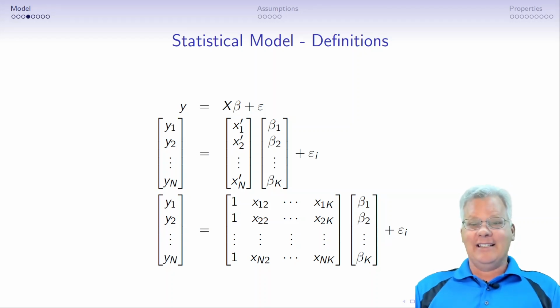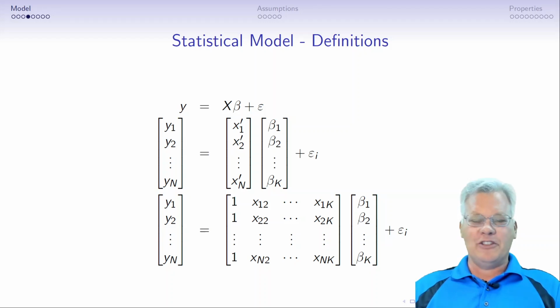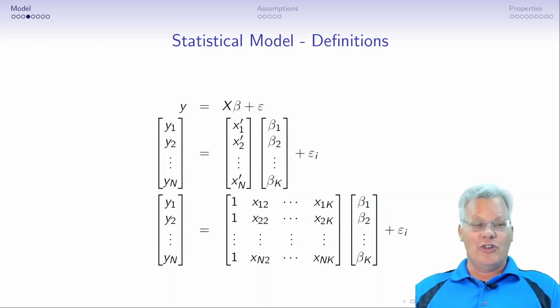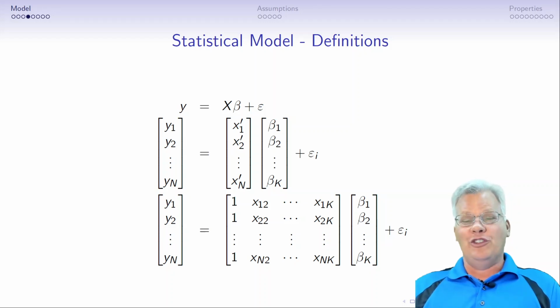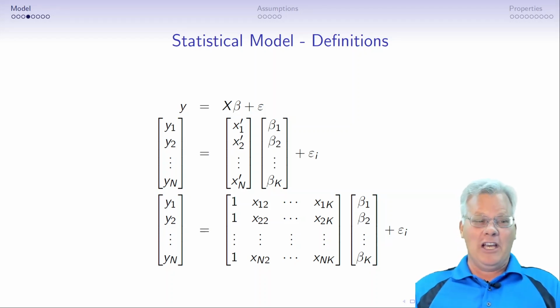So x sub 1 transpose is the row of all the observations of explanatory variables for the first observation. You can see that in the first row of the X matrix in the final line, and so on and so forth. So look at those, think about them a little bit. I find it useful to remind myself from time to time of this notation set until it becomes more second nature to you.